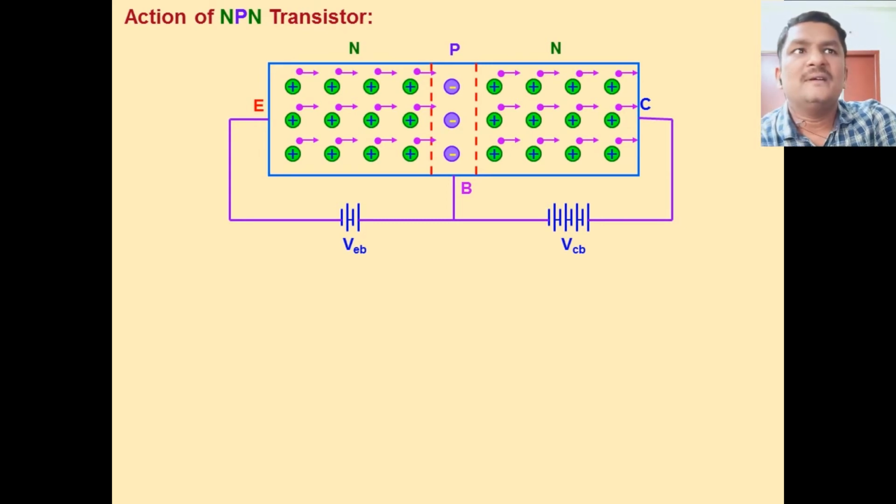So when a transistor is connected to an external source, these electrons, negative charge carriers, are repelled by the negative terminal of the battery and they move to the p region.